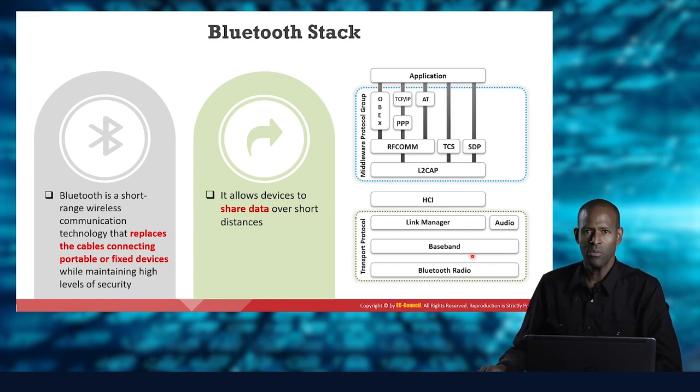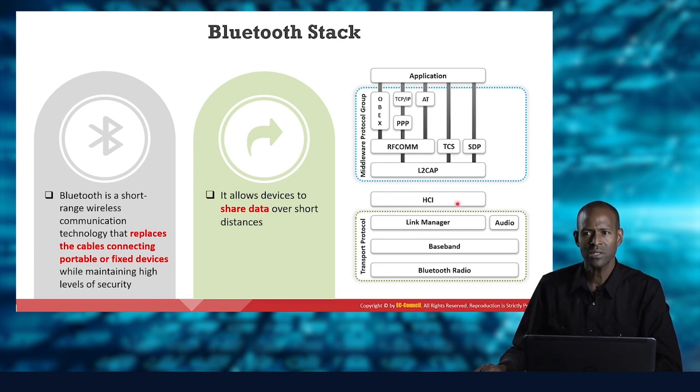And other people have other Bluetooth-enabled devices on a personal area network. They're very short range, high-level security for the most part, very low power signals. So for people who are concerned about radio signals causing problems physiologically, that's very unlikely with Bluetooth. It allows devices to share data over short distances, so you can actually send files and do updates.